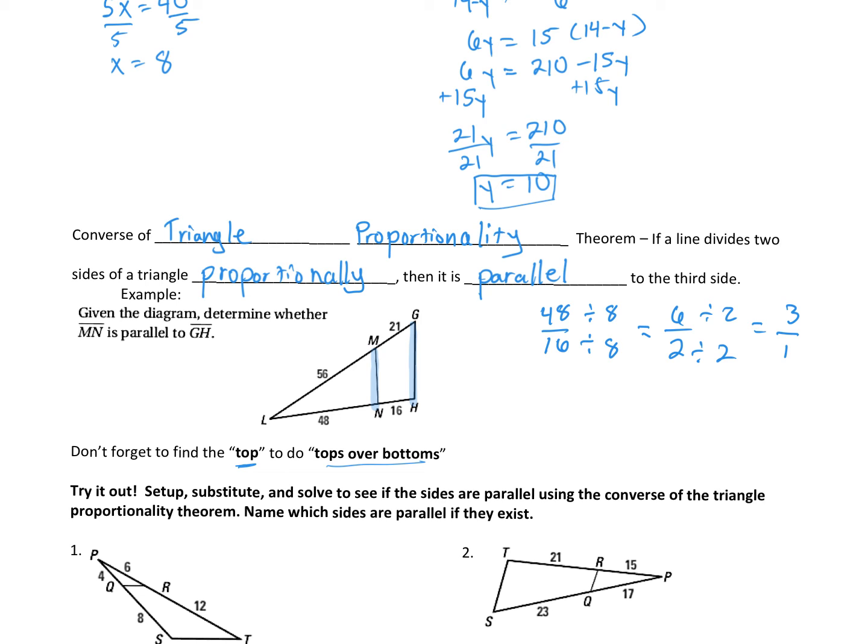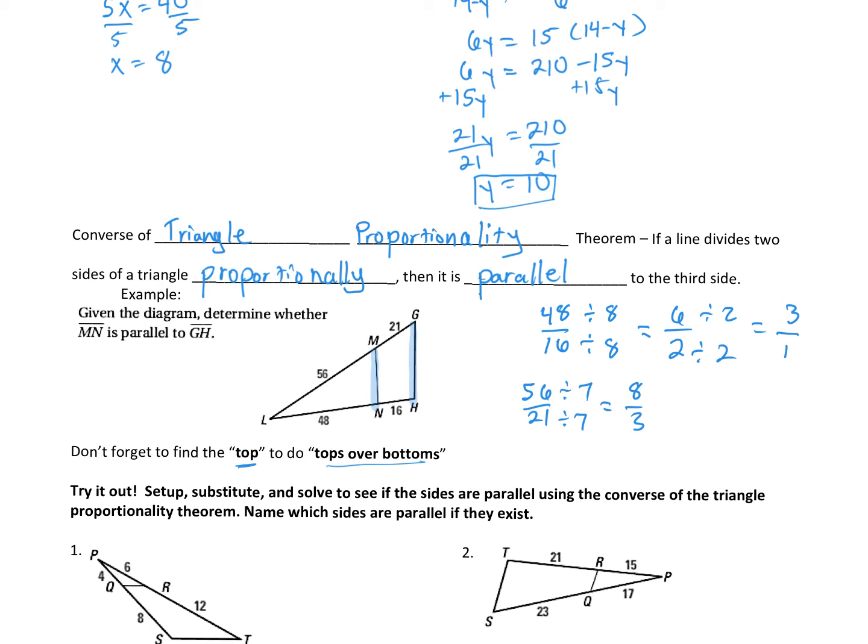Let's check the 56 over 21. I wonder if 21 goes into 56. Nope. Let's try 7. Divide by 7. This is 8 over 3.